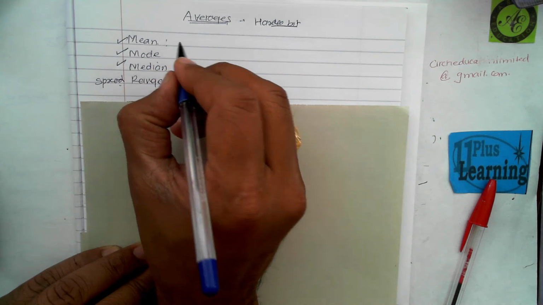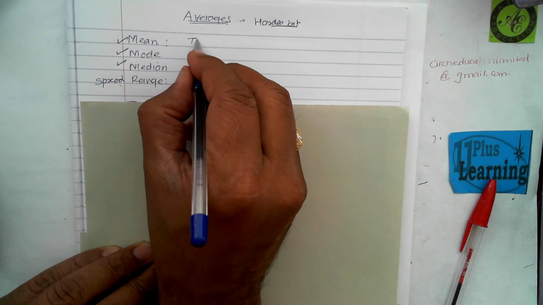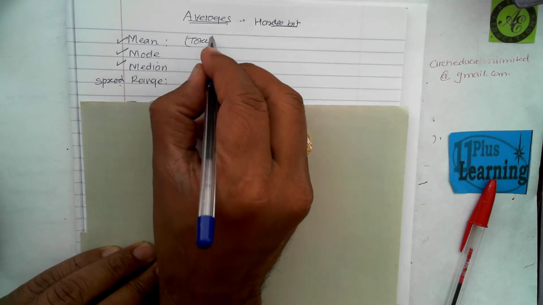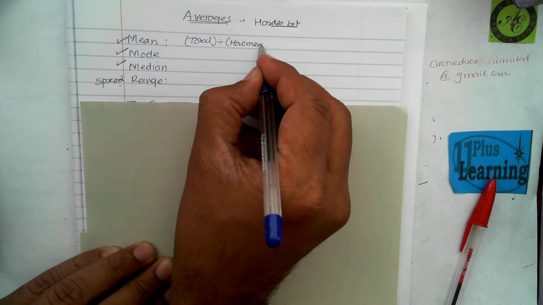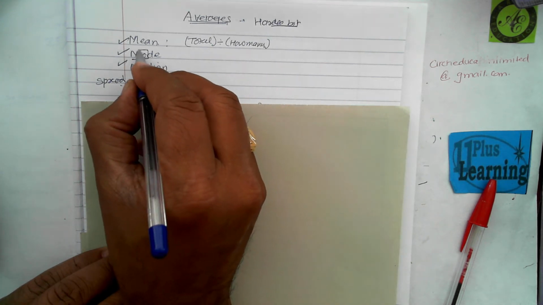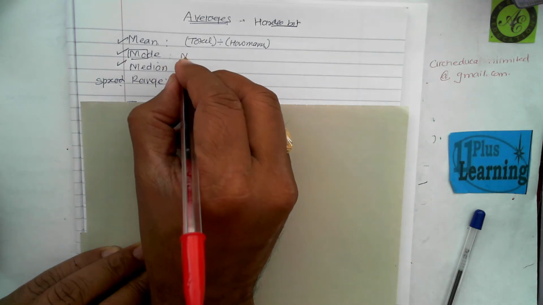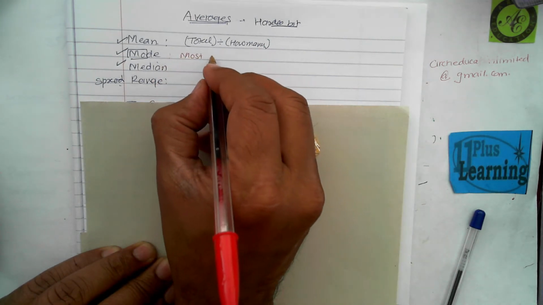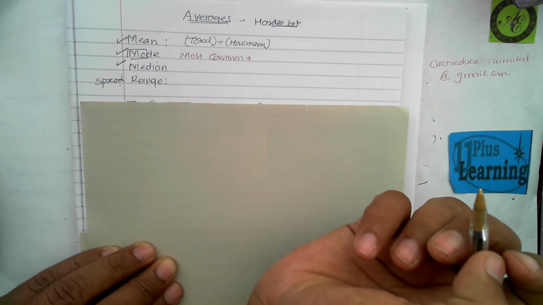Mean, I'm pretty sure you all know this: add them all together. That means you get the total of all the values and divide by how many there are. For mode, MO, mode resonates with MO, most. So it's the most frequent, most common, most appearing number or data value.